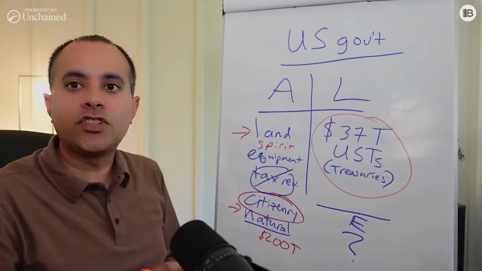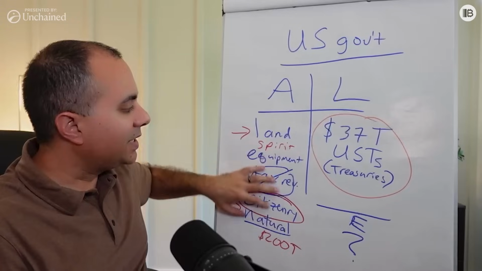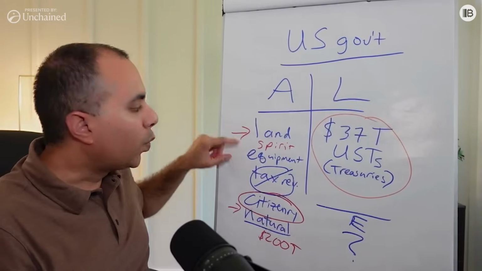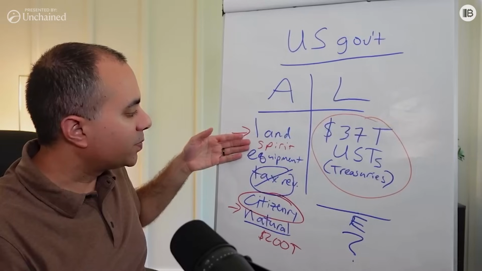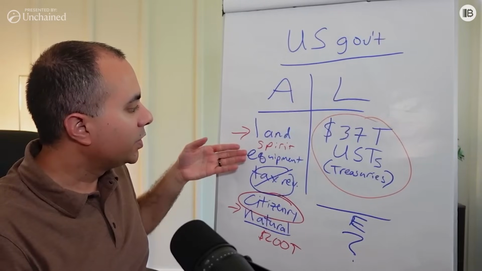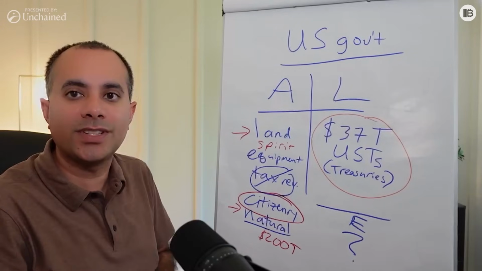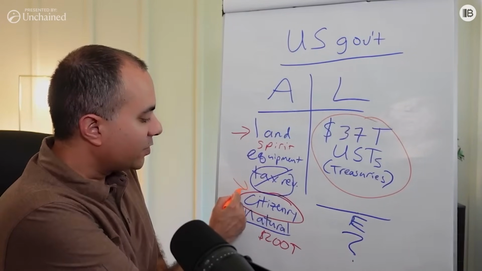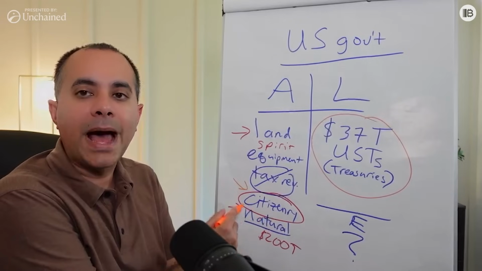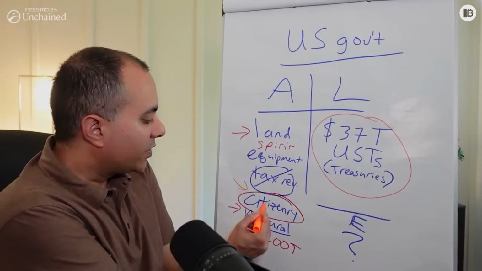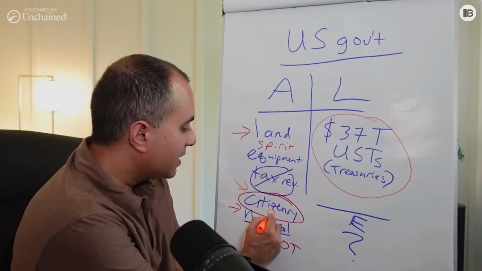Now, the point about GDP is that GDP is not here. What is here? You have the land, you have the entrepreneurial spirit, you have the citizenry, you have natural resources. This citizenry part of the balance sheet is where the GDP is hidden.